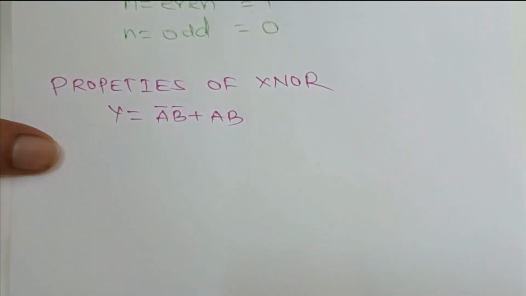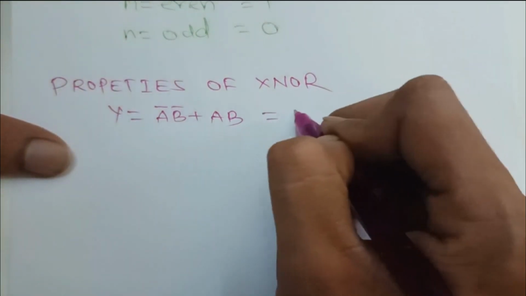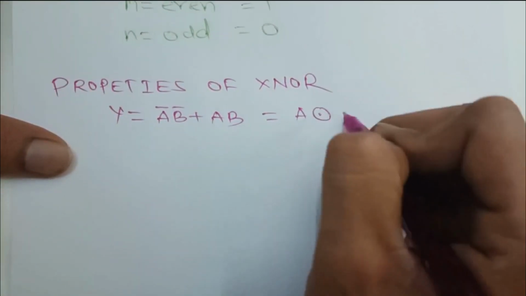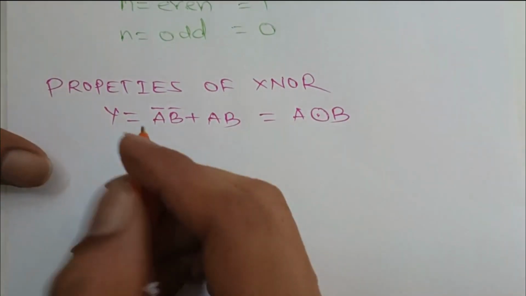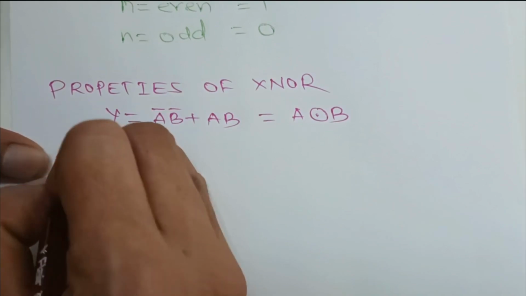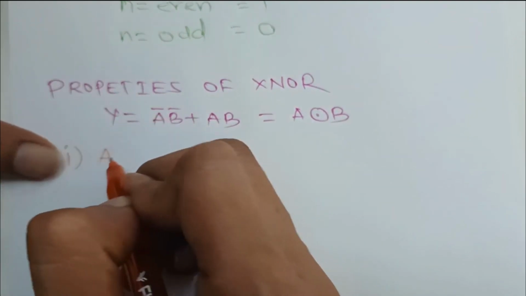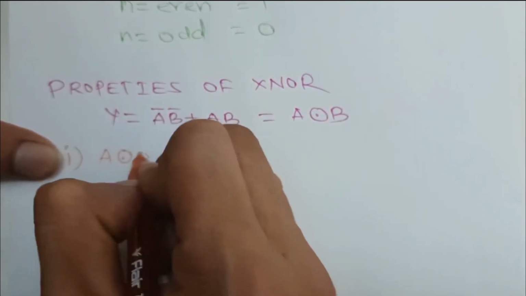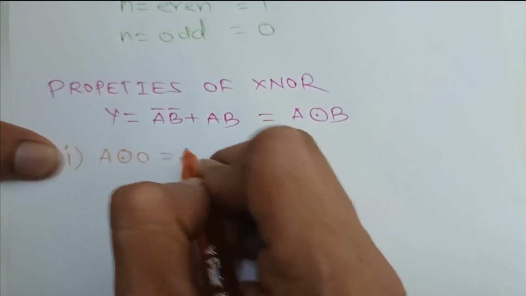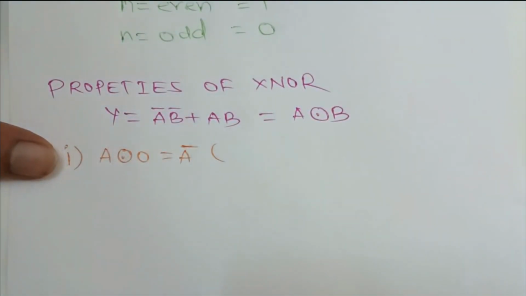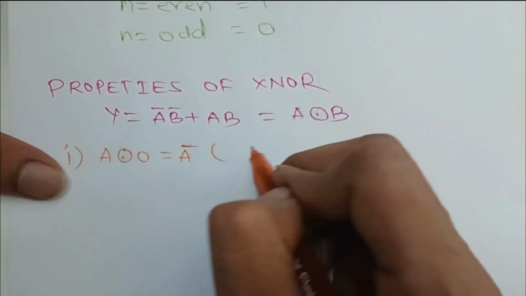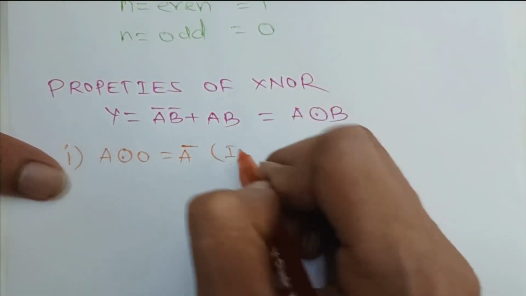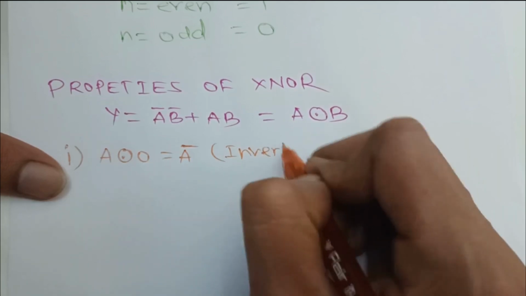This is the equation of XNOR gate, and it is represented as A XNOR B. The first property is A XNOR 0 is going to give you A bar. It means if you take XNOR of any variable with 0, it is going to produce an inverting buffer of that variable.